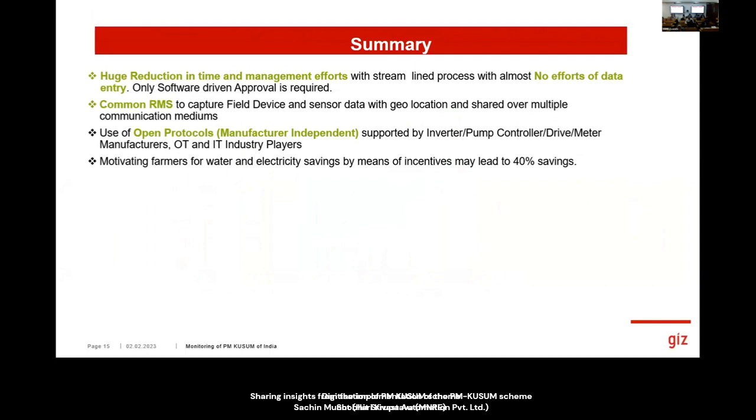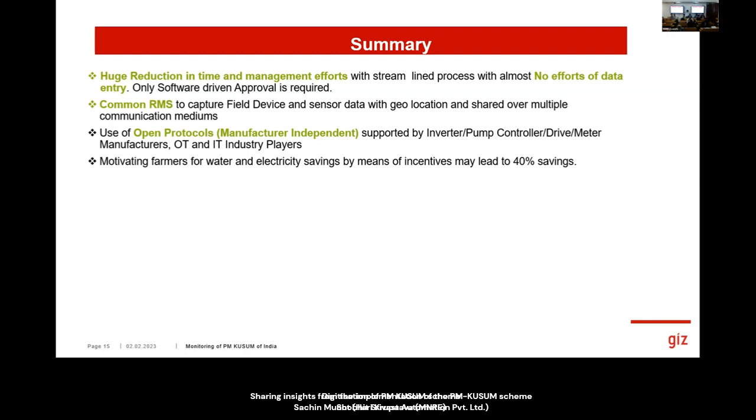So, summary, there's a huge reduction in time and management efforts with digital tools. We can manage all the beneficiary applications, their tracking in a centralized fashion with no or minimal effort of data entry. We have made a lot of provisions to improve the data entry aspects. Then a common RMS to capture field devices data with geolocation and over multiple communication mediums.